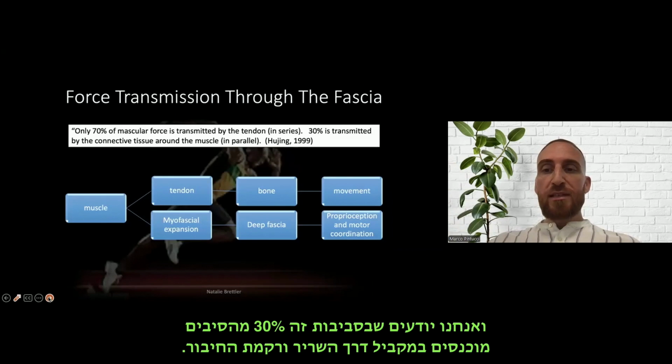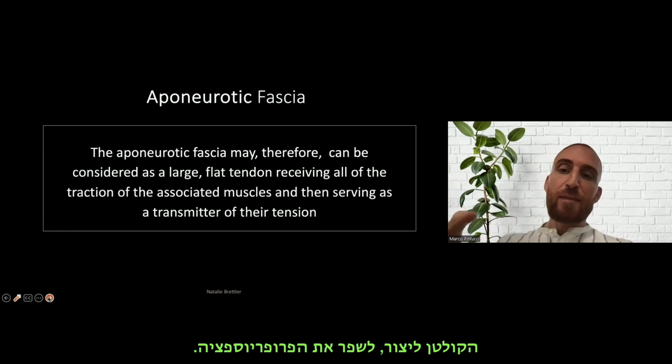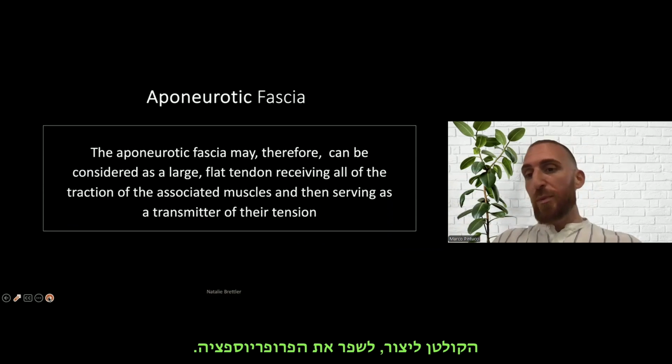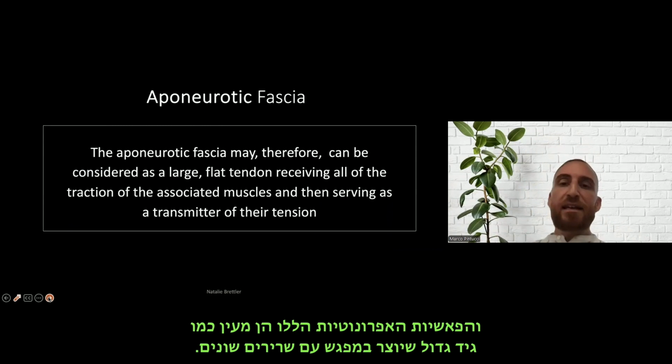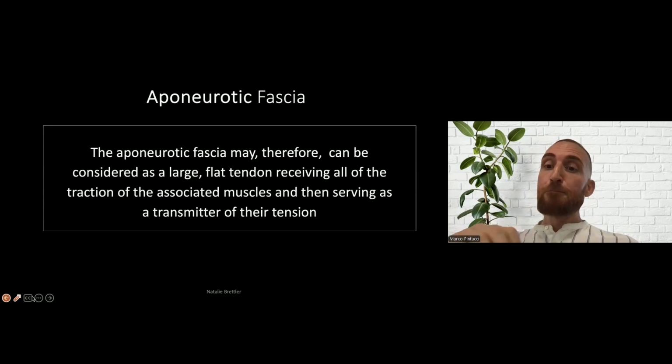We know that around 30% of fibers insert in parallel through the muscle and connective tissue. Probably the function of this 30% is to create and maintain a basal tension and also activate the receptors to improve proprioception. This aponeurotic fascia is like a large tendon that creates insertions with different muscles.